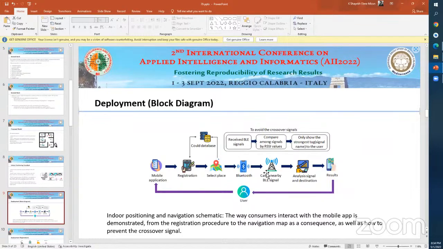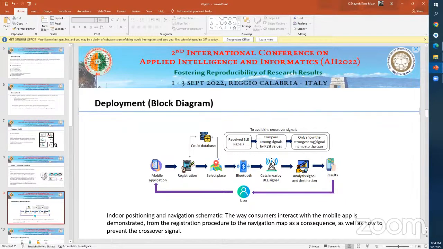So the decision is made with two things after catching the BLE signal: where the user wants to go, and, at this very moment, which signal is captured by the app. That means where he or she is in this right positioning. So within these two parameters, the next analysis algorithm will run and show the routing.